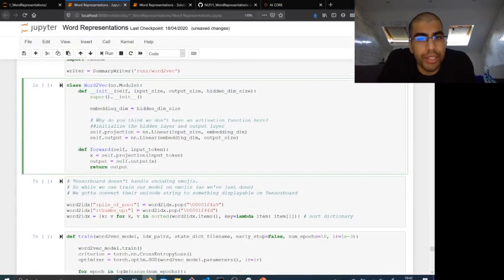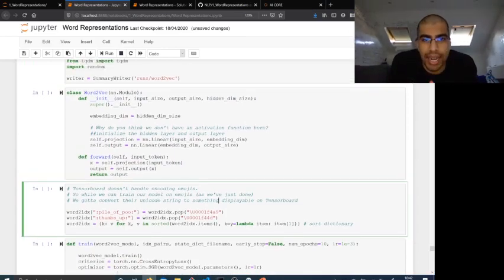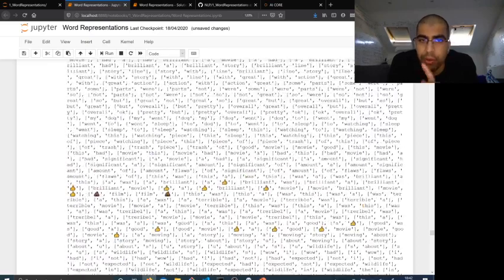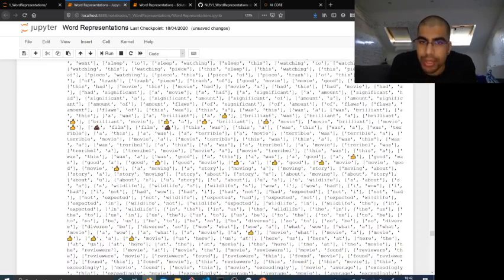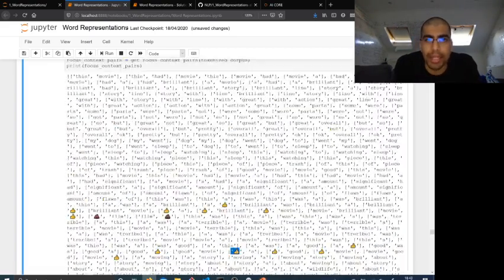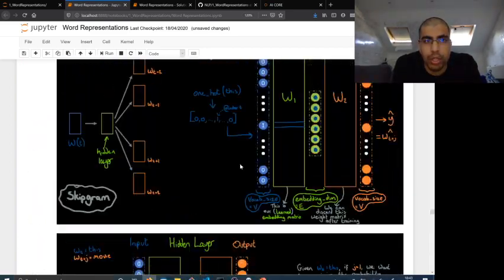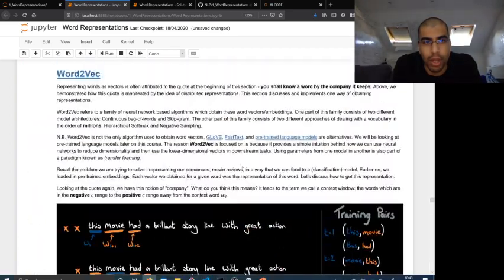Okay, and this is just because TensorBoard doesn't support handling emojis. I didn't actually answer this question earlier on, but we don't really need to do anything to emojis because they are an atomic unit of a sentence, so we can just process them as is. Up here we have the Unicode representation of an emoji.